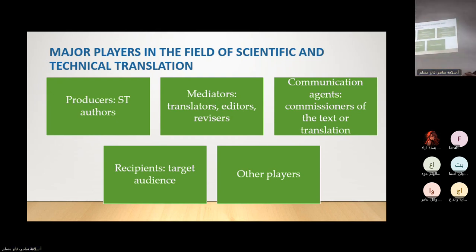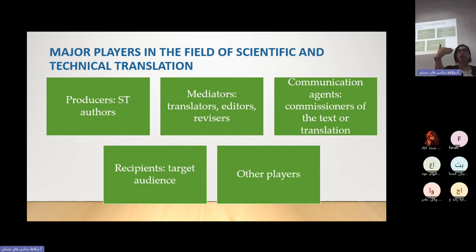Who else do we have? Communication agents. Usually, when a translator translates something, few of them are independent translators, freelancers. Most of them work for a company or for someone.